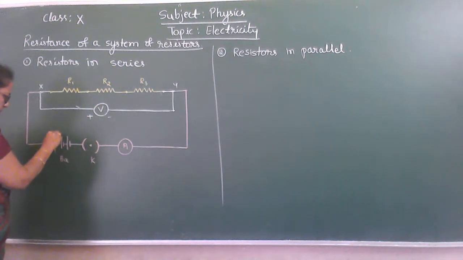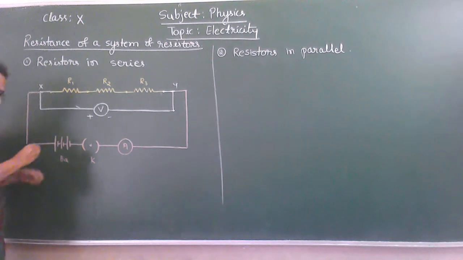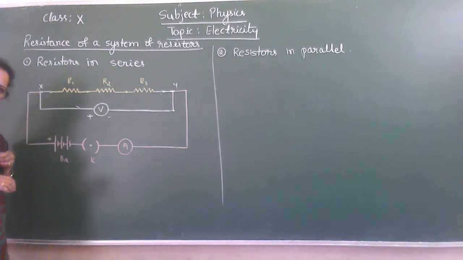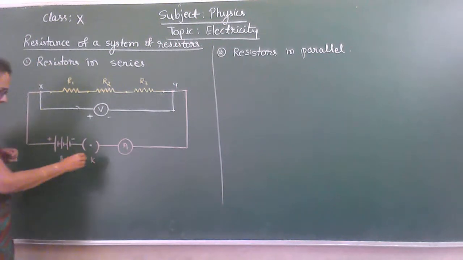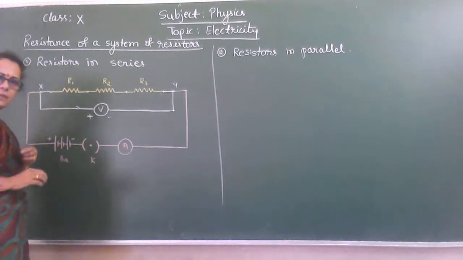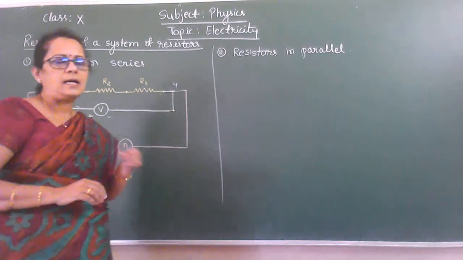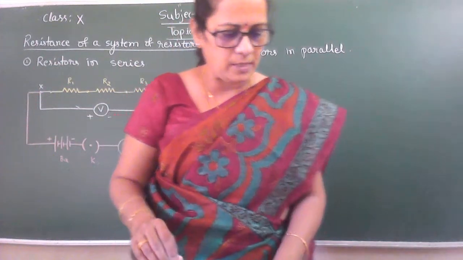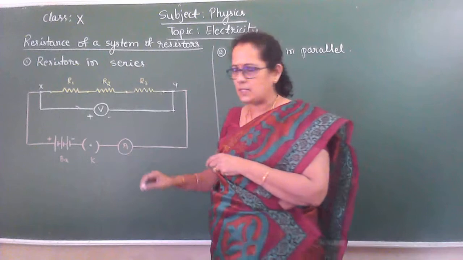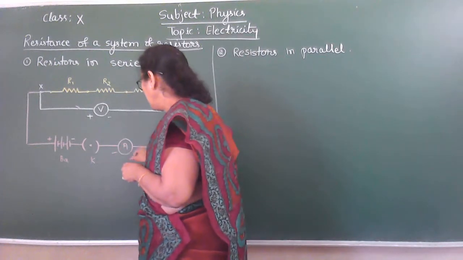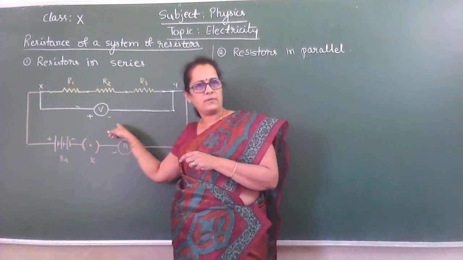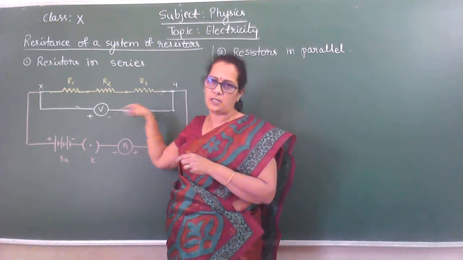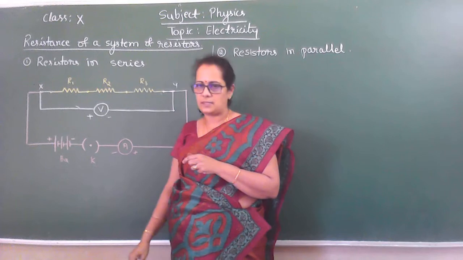Now the big line in the battery indicates positive and the small one negative. And this is the key and this is the ammeter. Where do you use an ammeter, children? Yes, to measure the current. V is the voltmeter. This device is used to measure the potential difference across the resistors.